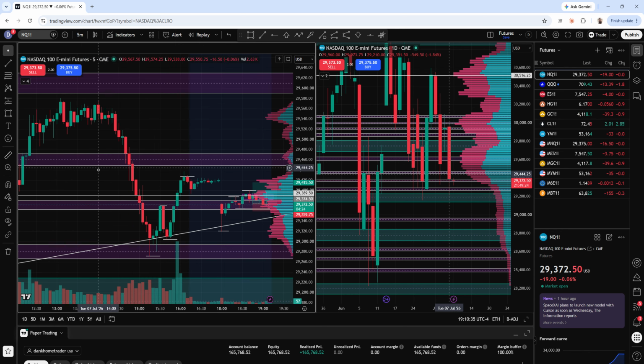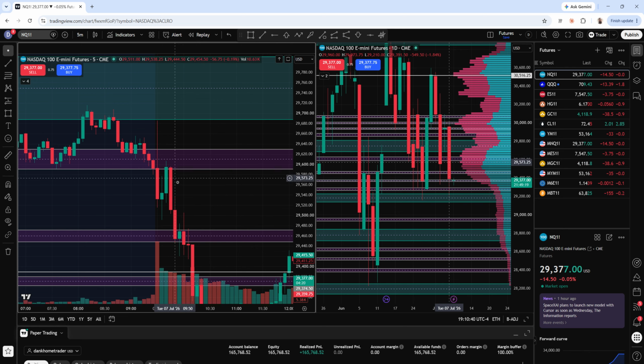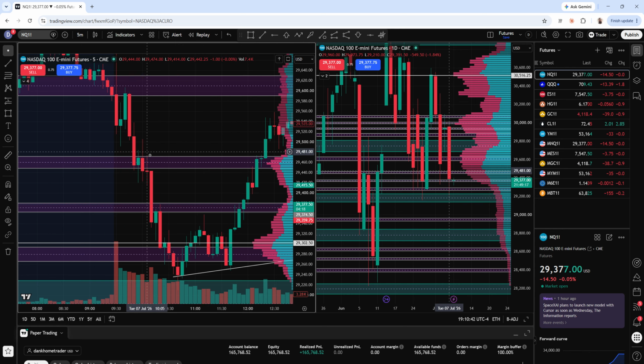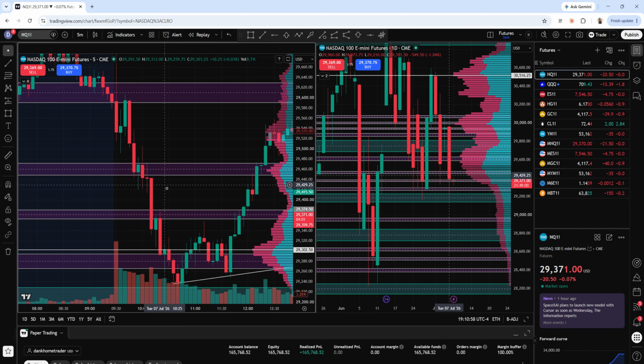So here's an example of this move down after the open today. I did not get an entry. I tried to get in a couple times on pullbacks, and I was a little bit too conservative. This would have been a fantastic short right here. I was looking for a couple along the way. I think I ended up getting one.